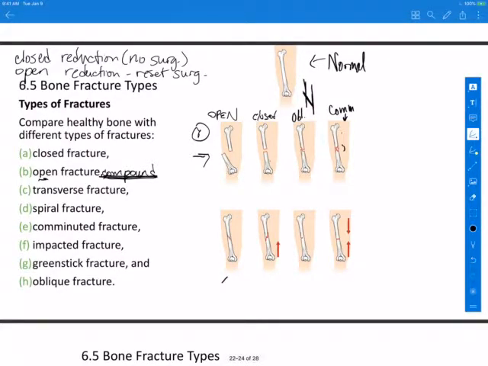This one here is a spiral fracture, and this typically happens from a twisting motion. I actually broke my leg backpacking. I had a backpack on, stepped on a rock, sprained my ankle, and I twisted my ankle. And as I was falling, I heard it snap, and I felt it give.